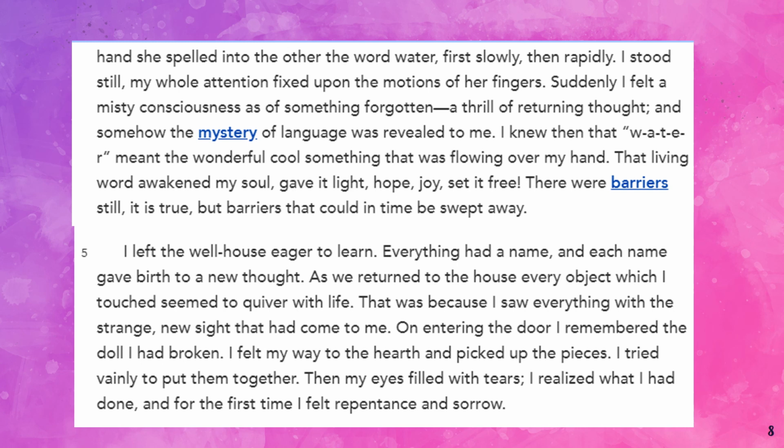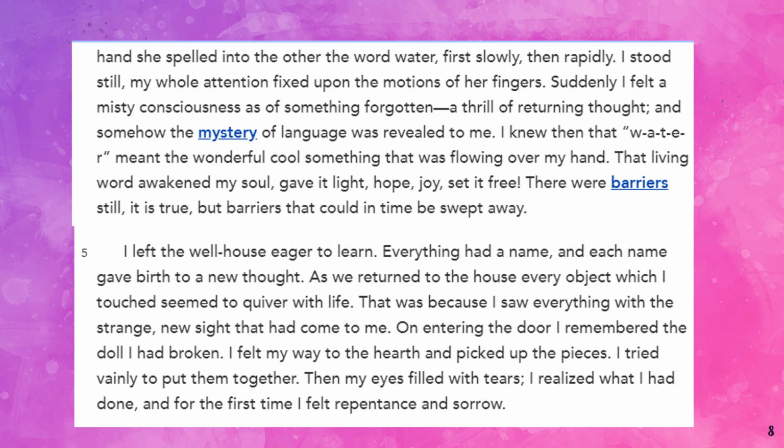Suddenly, I felt a misty consciousness as of something forgotten, a thrill of a returning thought, and somehow the mystery of language was revealed to me. I knew then that W-A-T-E-R meant the wonderful cool something that was flowing over my hand. That living word awakened my soul, gave it light, hope, joy, set it free.